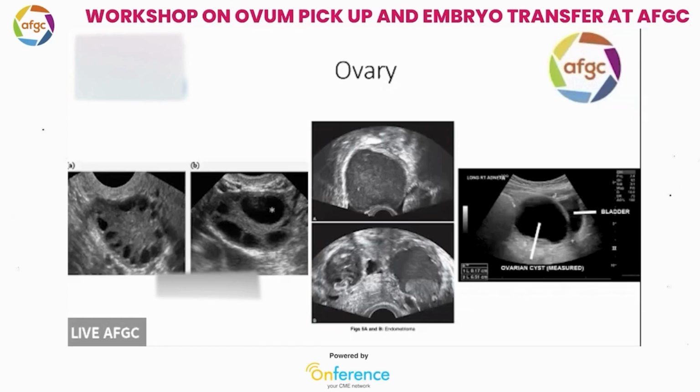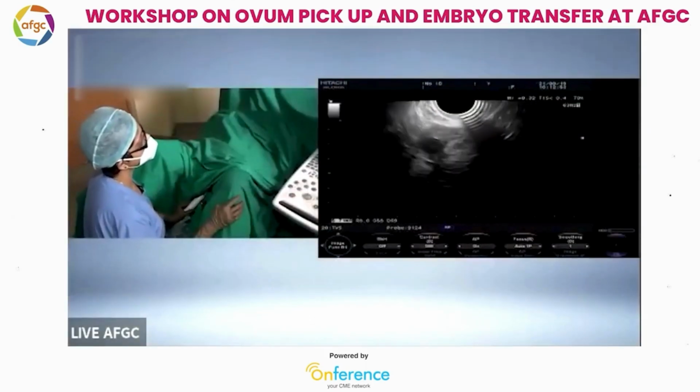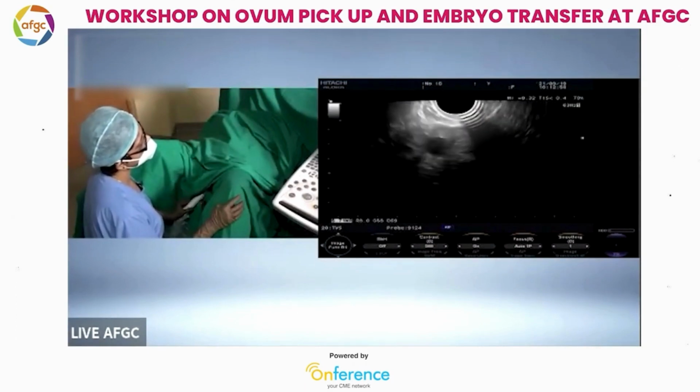Now in this, while we do the ovum pickup, during the procedure I shall show you how we try to avoid the endometrioma, and it is a cause for pelvic infections during ovum pickup as well. Okay, so this is on the left side.